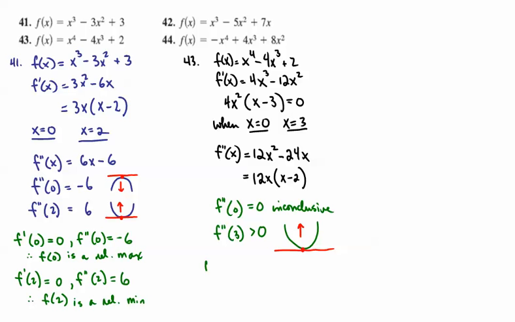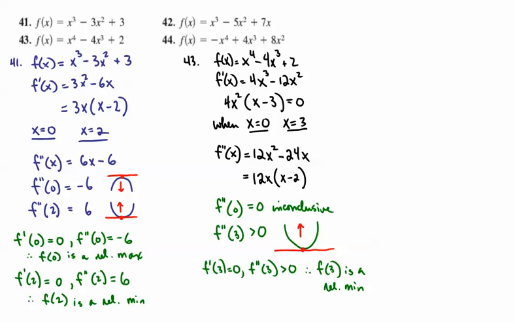So f prime of 3 equals 0, f prime prime of 3 greater than 0, therefore f of 3 is a relative minimum.